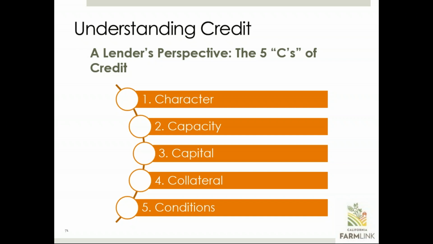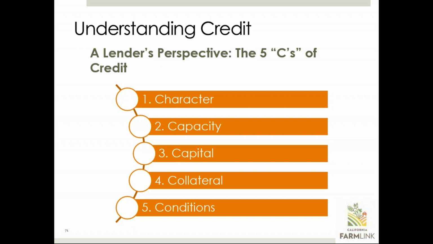And then finally, conditions. The last C is really about any particular conditions that a lender may want to impose in exchange for making the loan. These are in addition to the term of the loan and the interest rate, but more about, for instance, if there's been a weakness in the business that the lender would like to see addressed, they may say, well, we want to see cash flow projections on a quarterly basis.